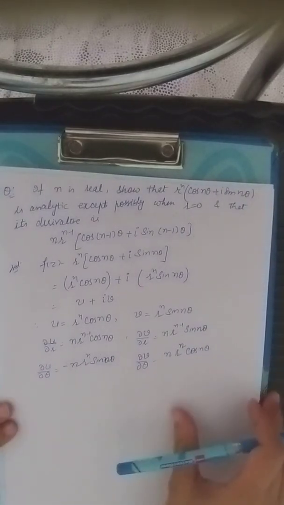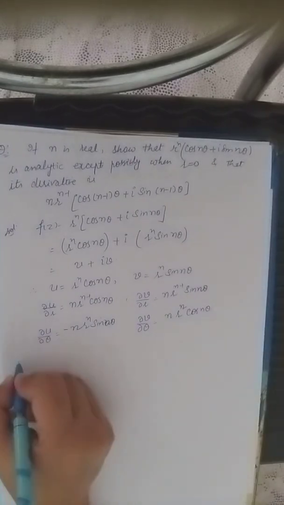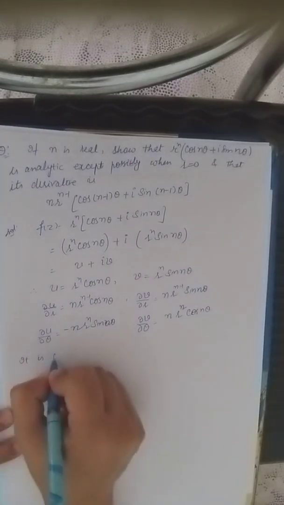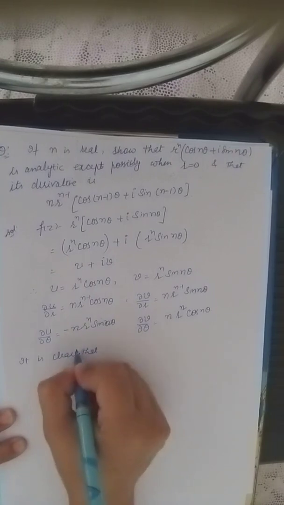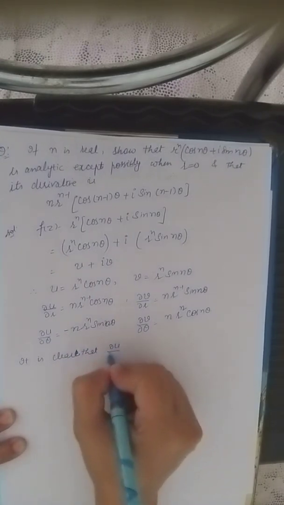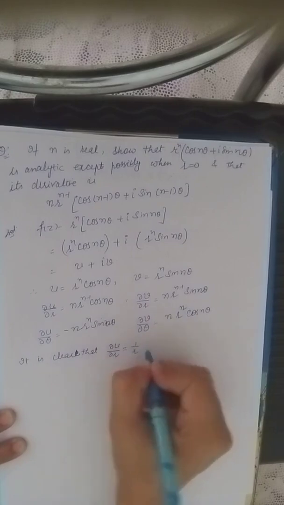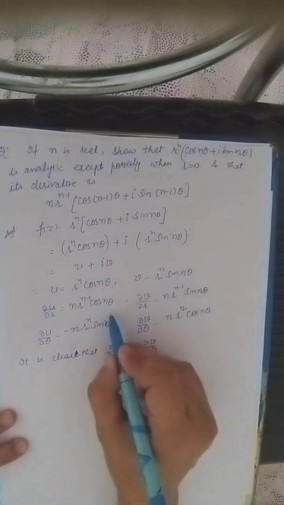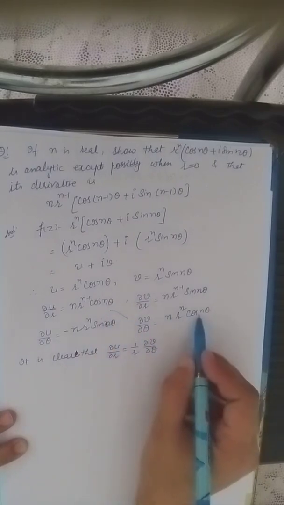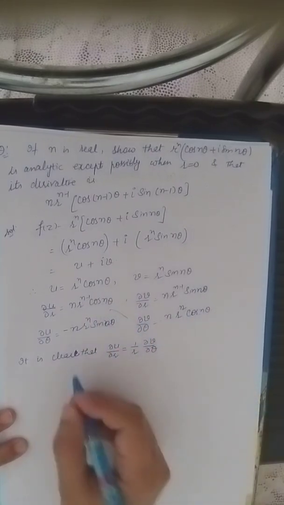Now it is clear that ∂u/∂r equals (1/r) ∂v/∂θ. If you divide by r, both of these get equal.